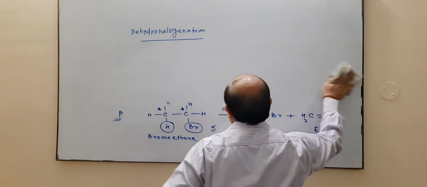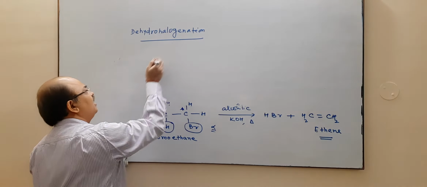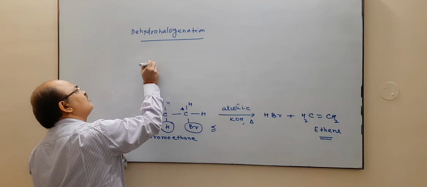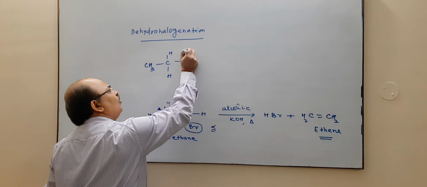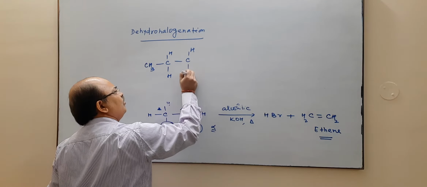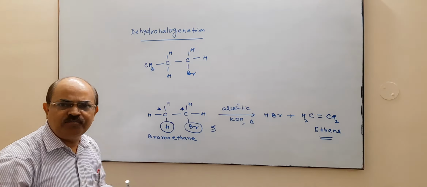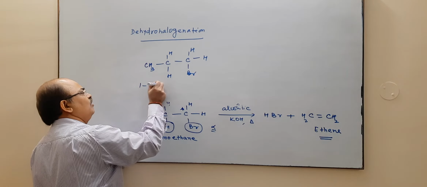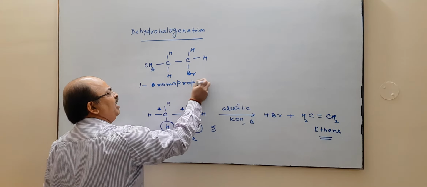For example, if we consider some higher alkyl halide like CH3CH2CH2Br, say this is 1-bromopropane.